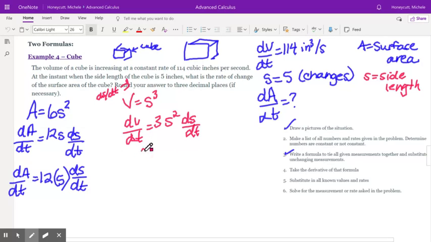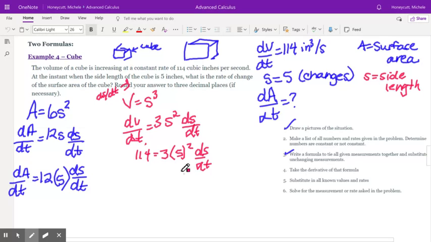So let's see, dV/dt, wait, I do know dV/dt. That is 114. So 114 equals 3, s is 5, squared ds/dt.